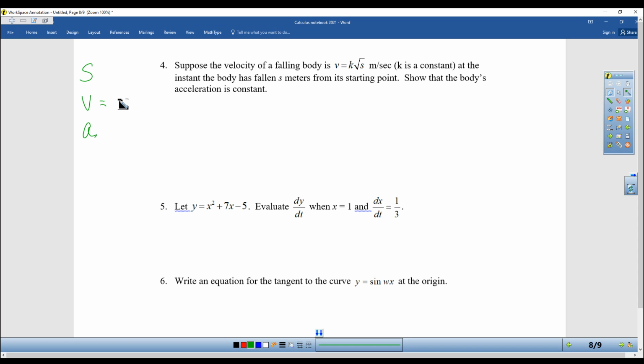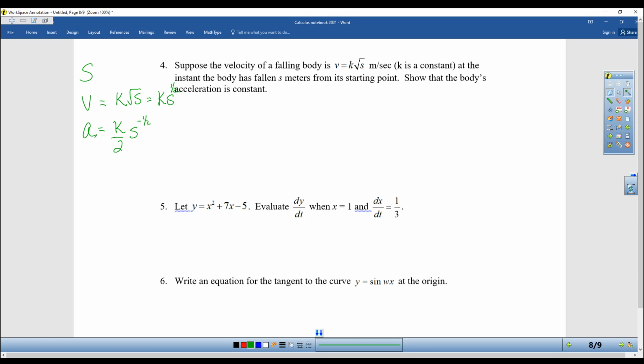So if the velocity is k, which is just a constant, square roots of s, or better yet, k s to the 1/2, then the acceleration is the derivative of that, k over 2 s to the negative 1/2, okay?